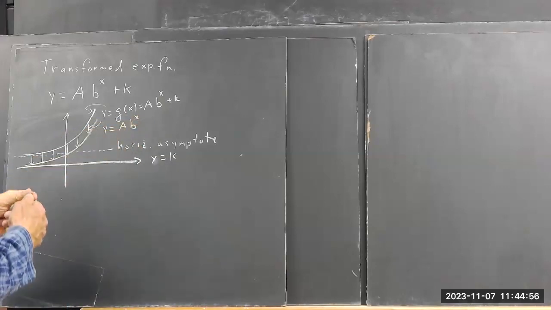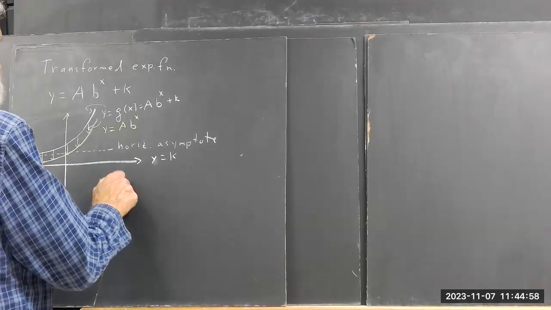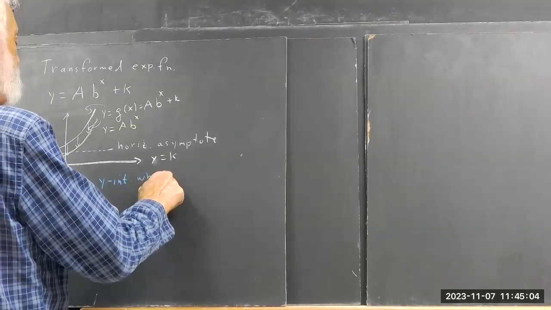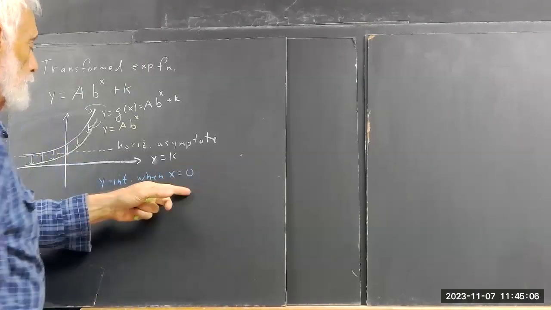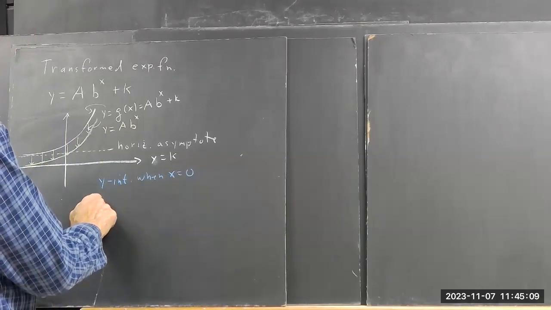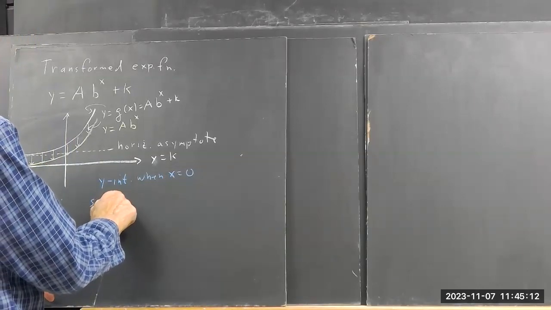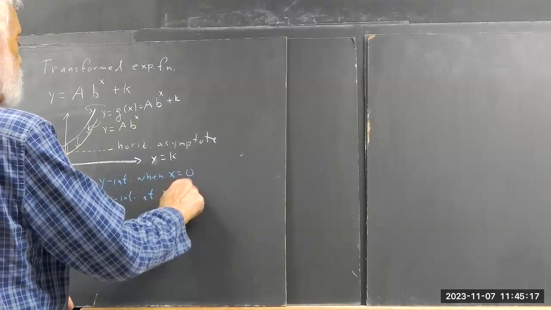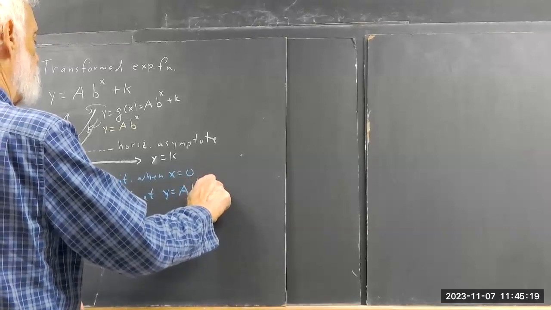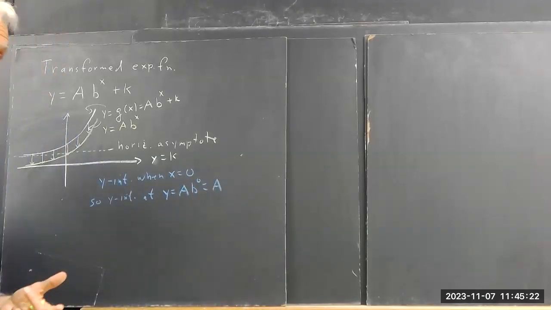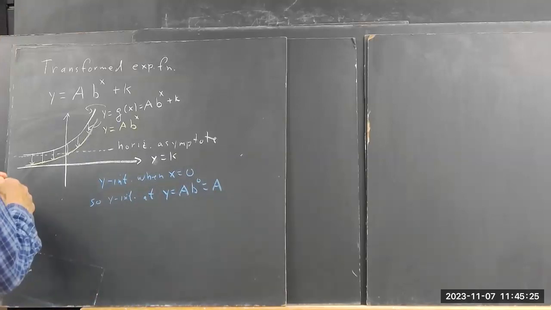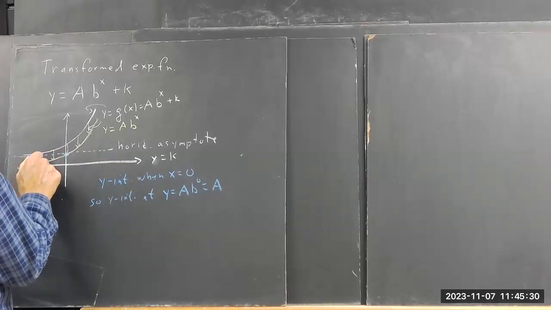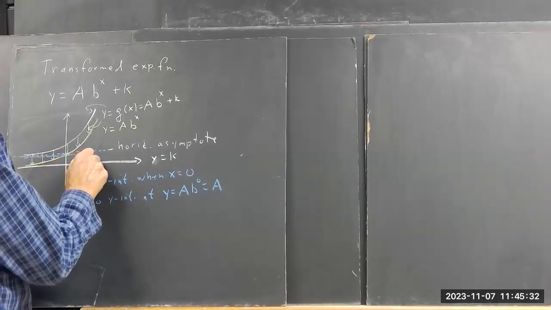So I'm going to make a little note here: the y-intercept occurs when x equals 0. The y-intercept is at y equals a b to the 0, which is just a. So what's a? Well, right there's the y-intercept, just a little below k.